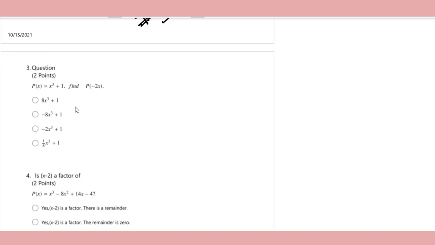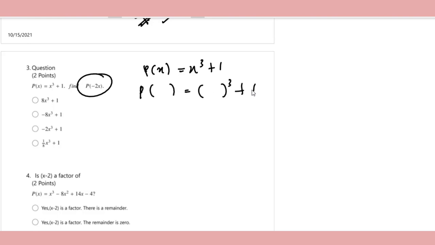Number 3. Px was x cubed plus 1. Find p of negative 2x. Now this is the same variable.